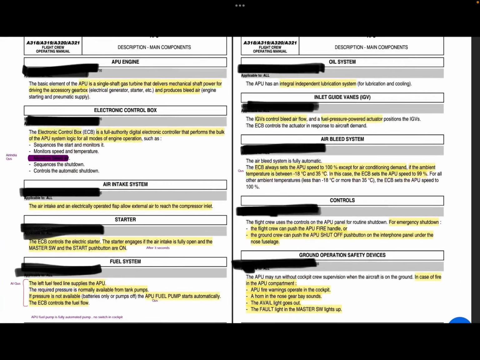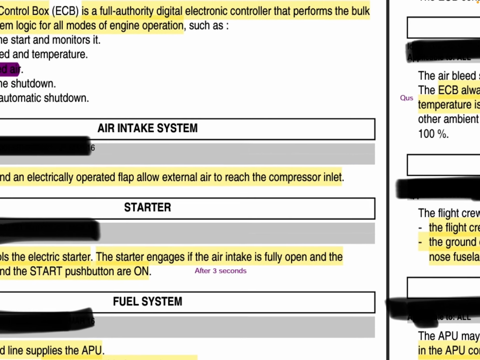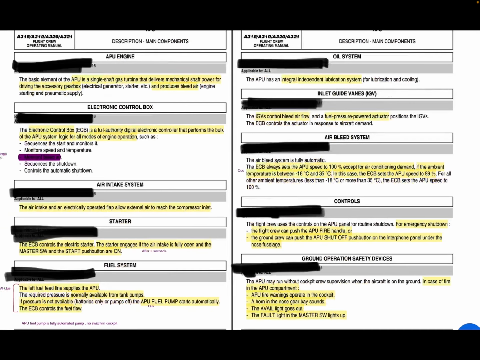Once you press master switch, it provides the electrical supply to the APU, and then when you press the start push button, then after 3 seconds starter engages. I have written 3 seconds here because it has been asked in so many airline interviews.